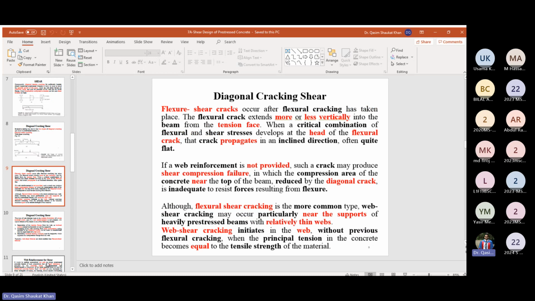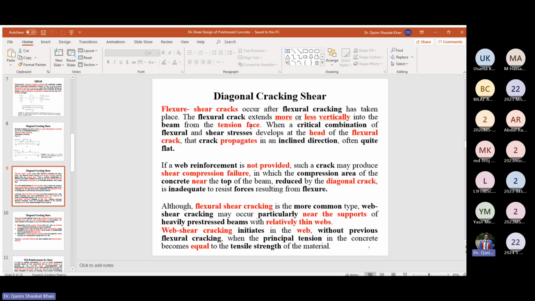Now, flexural shear cracks occur after the flexural cracking has initiated. The flexural cracks extend more or less vertically into the beam from the tension face. Flexural cracks originate from the tension side.